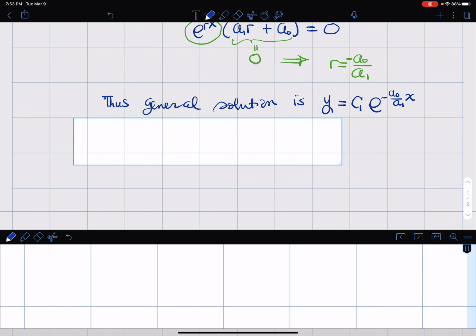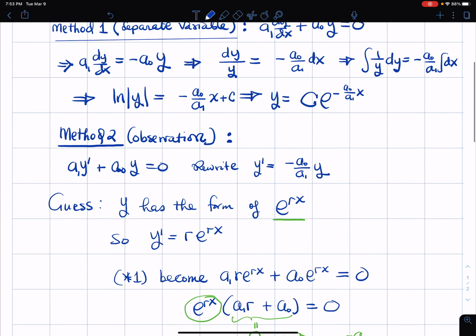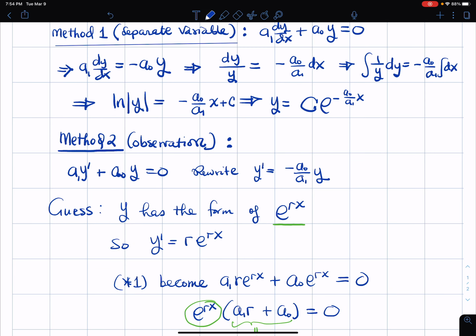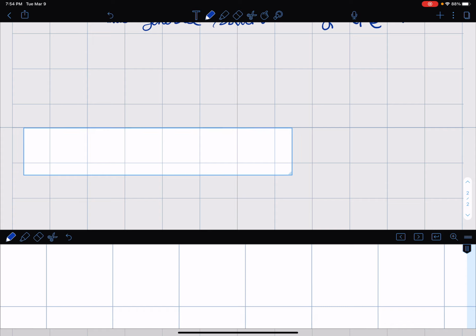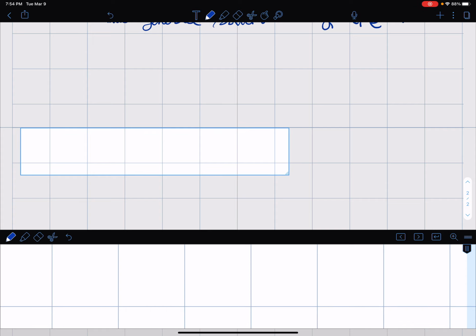Okay, so that's first order, and we don't actually need this method, because we can solve it as a linear equation, we can solve it as a separable equation. But we are doing this because we want to motivate ourselves to solve second order equations.